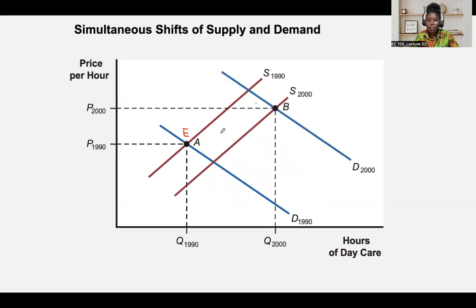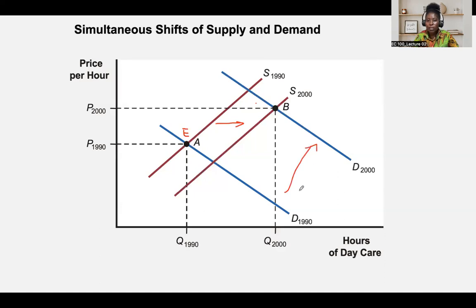Here we see supply increased. Something happened, weather condition was good, or cost of production decreased, so your supply increased. And then demand also increased, because people's incomes have increased.